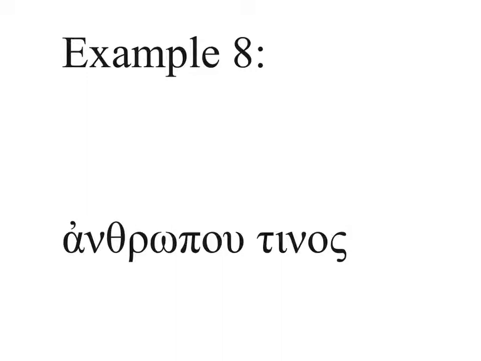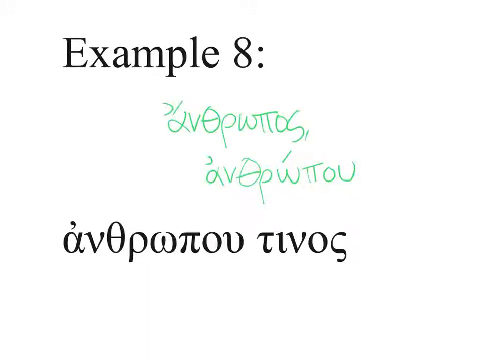Example 8, anthropou tenos. Okay, so our word 1 is from anthropos, anthropou, which is accented as such. So since the form we're working with is anthropou, then we can go ahead and put our acute on the penult.